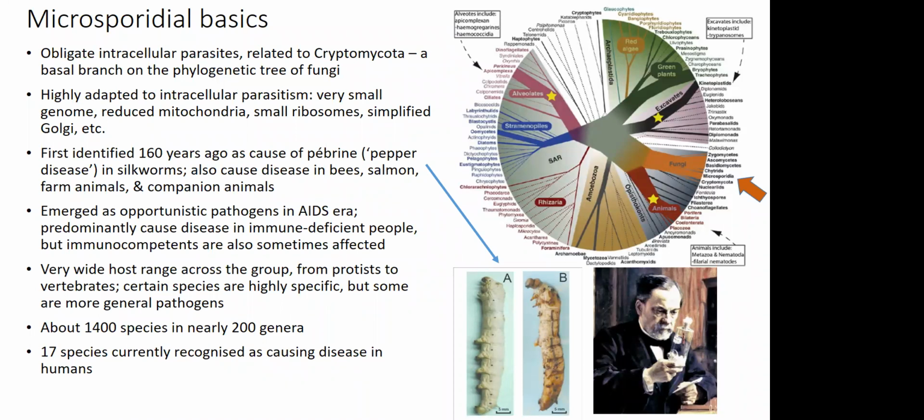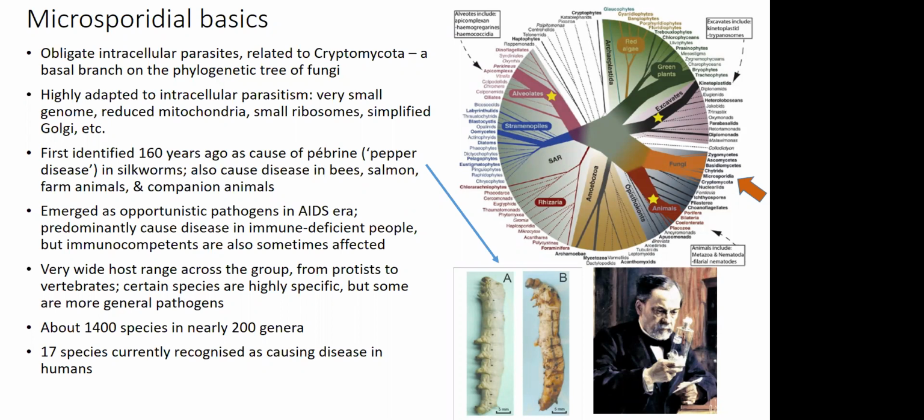And from a medical point of view, it's predominantly immune deficient individuals who are at risk, but immunocompetents can also be affected. So there's an enormously wide host range for these parasites, from very simple protozoan organisms all the way up to higher vertebrates.